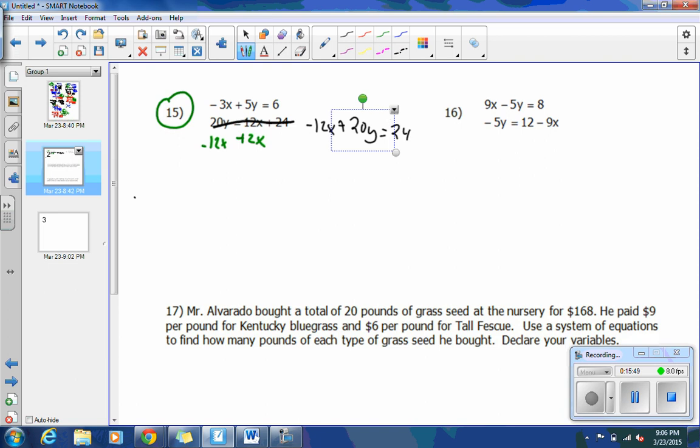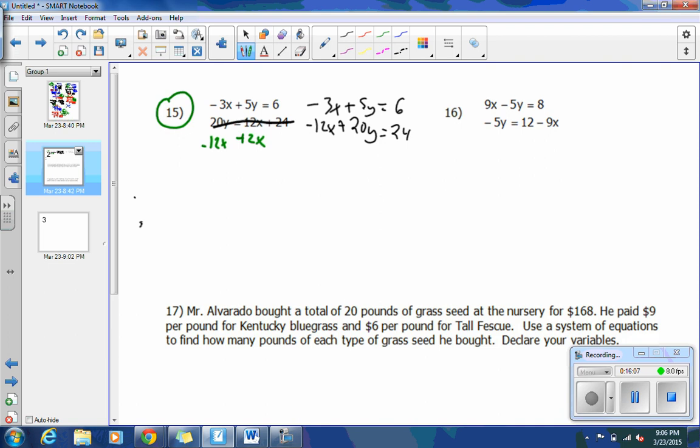All right. And we have our negative 3x plus 5y equals 6. All right, we got to change one of these equations or both of those to make sure that something can cancel out.